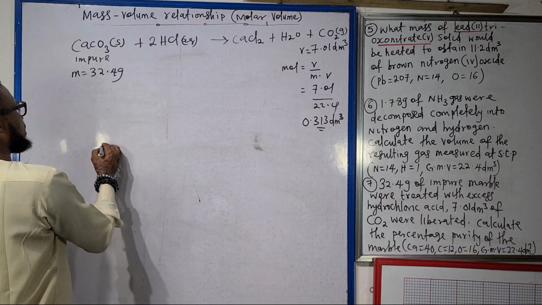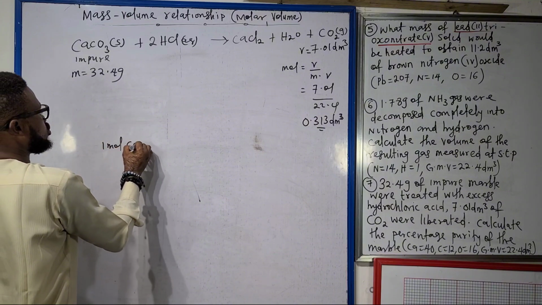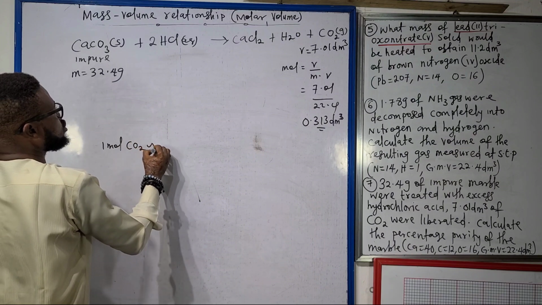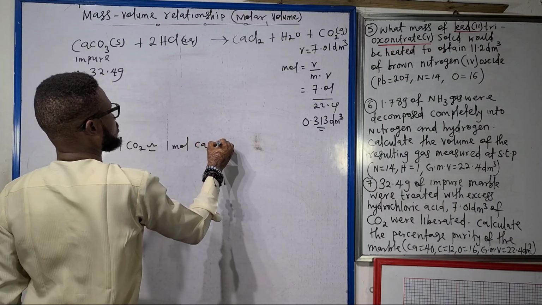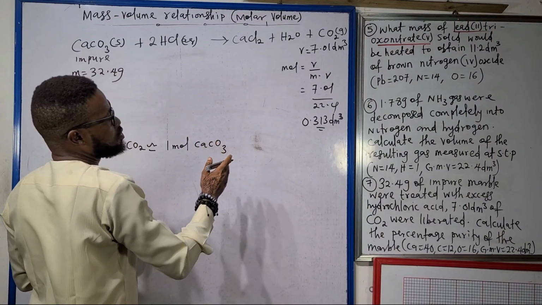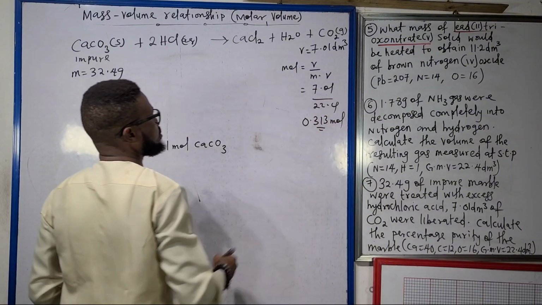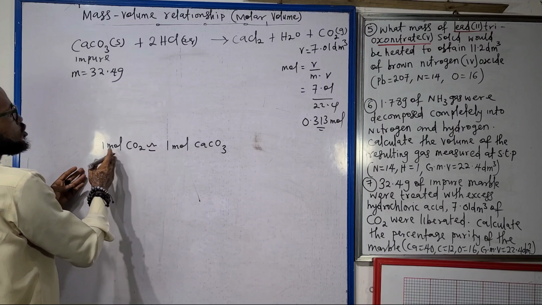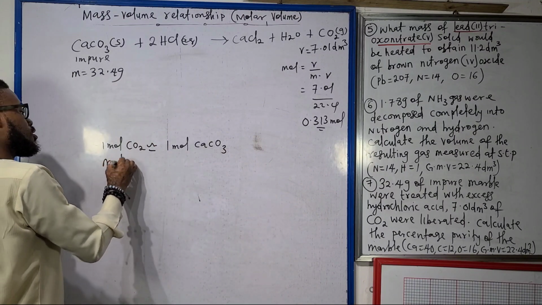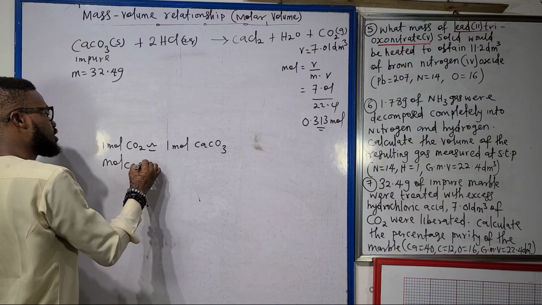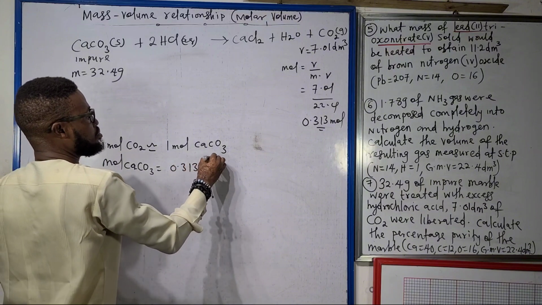Okay, what this means is 1 mole of CO2 is equivalent to 1 mole of calcium carbonate, CaCO3. The mole of this is 0.313 mole. So the mole of calcium carbonate here is going to be 0.313 mole.